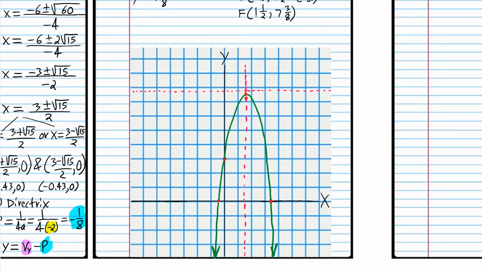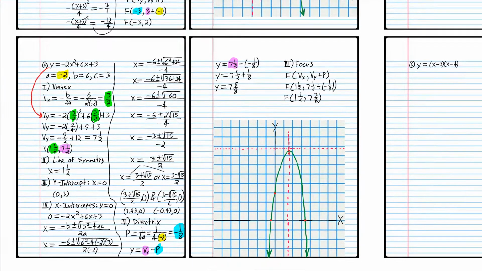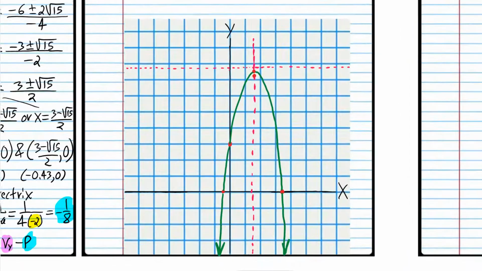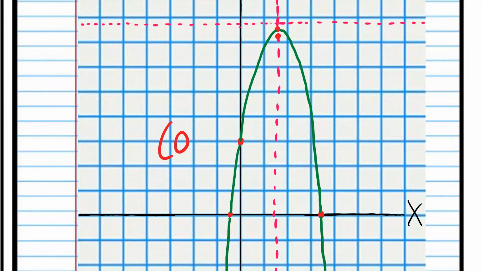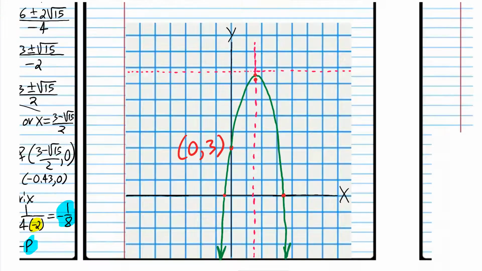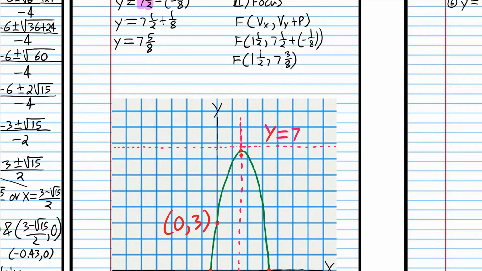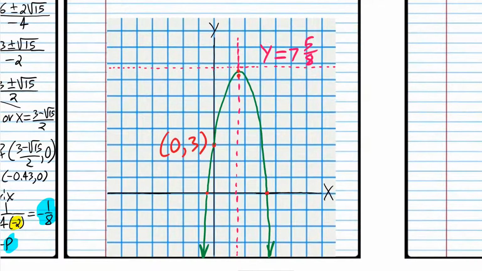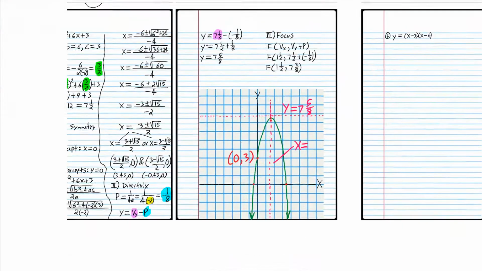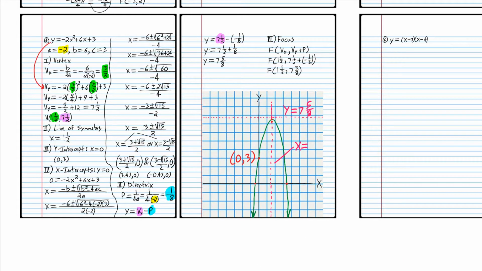All right, so let's label the vertex. Actually, let's label some easy points first. So 0, 3, that's an easy point. And y equals 7 5/8. That's the equation of the directrix. And the equation of the line of symmetry is x equals 1 1/2.